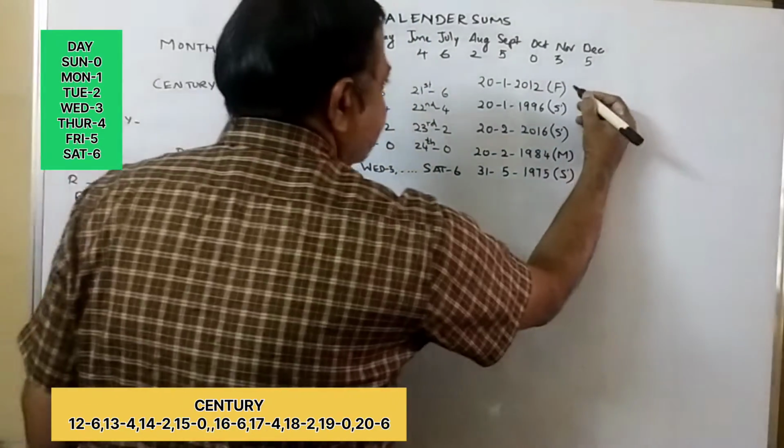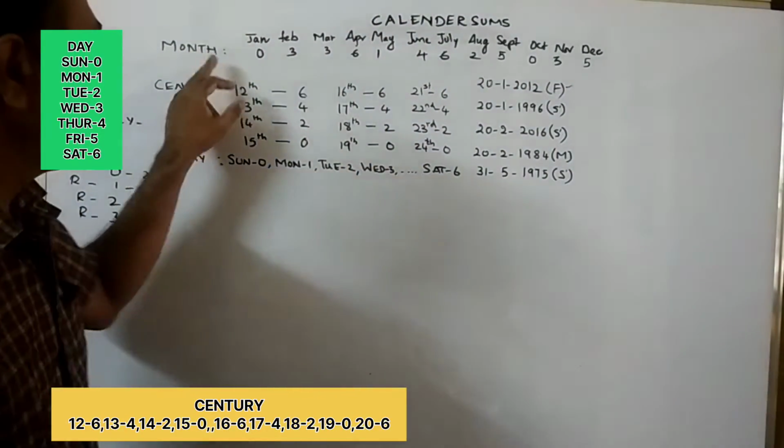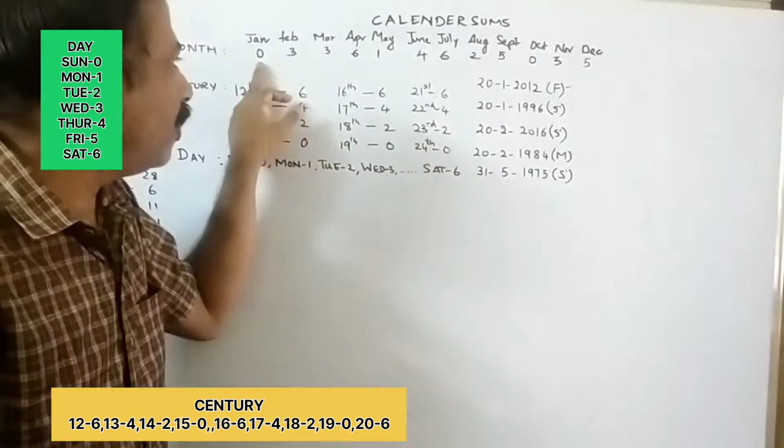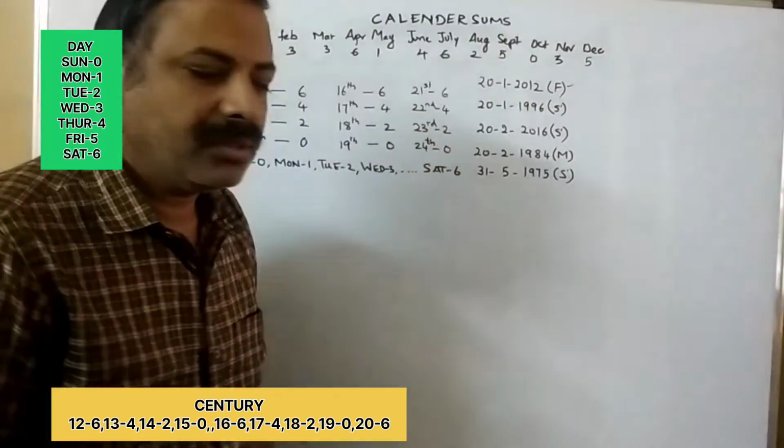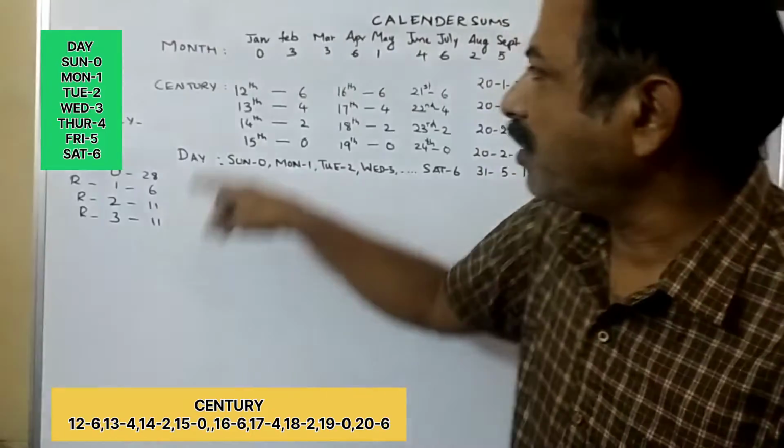Already I have written some dates. You know that I am repeating it. January month 0. This is called the month code.